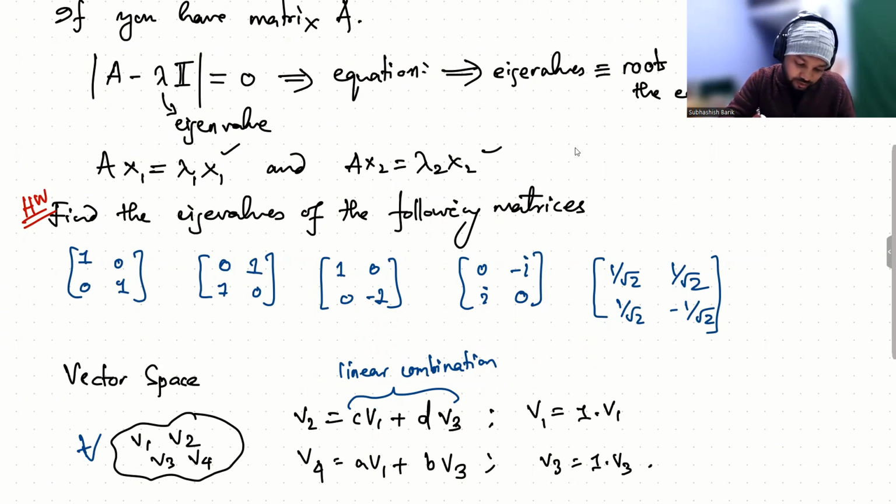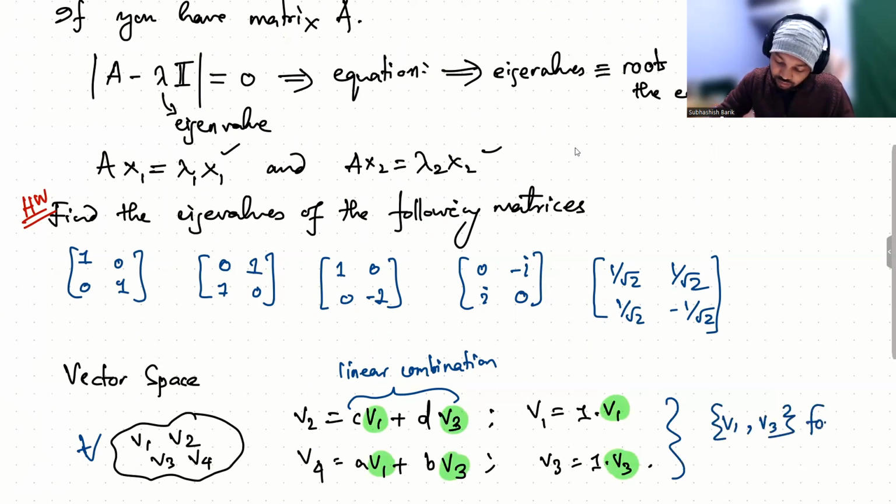This set of vectors, in this case v1 and v3, which can alone by their linear combination represent all the other vectors, form the basis. So here v1 and v3 form the basis of V.